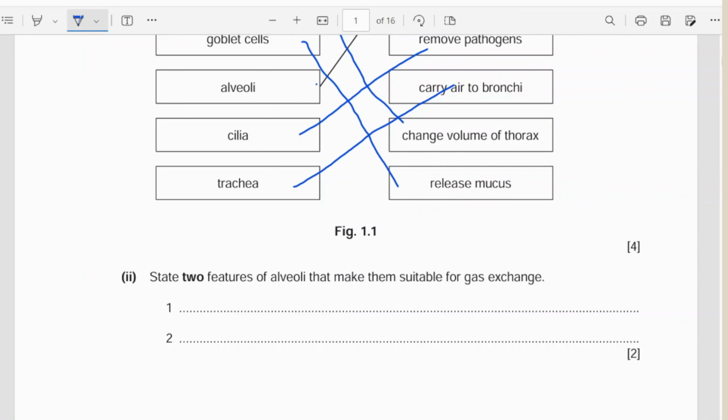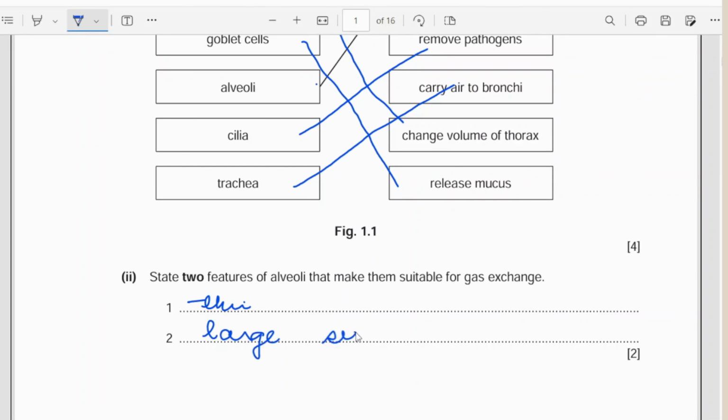Thin, large surface area. Okay. Thin and large surface area. Any other adaptation? Any other feature?